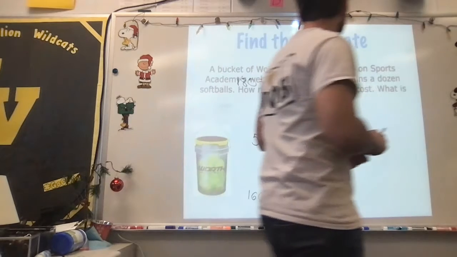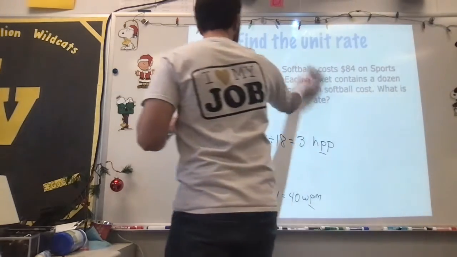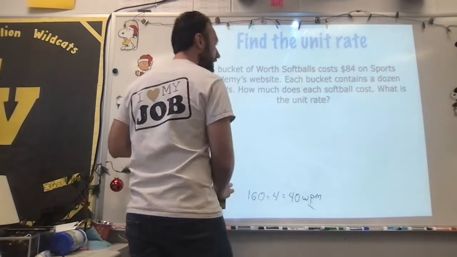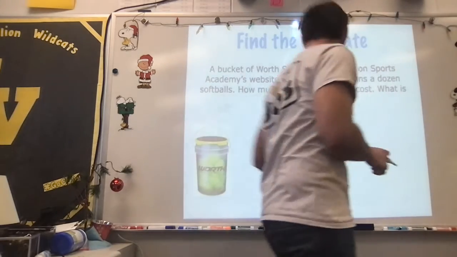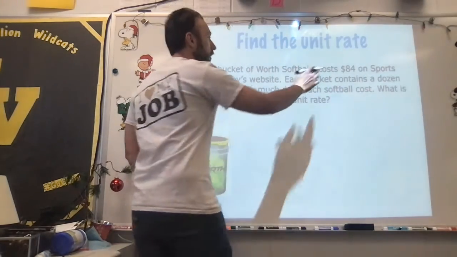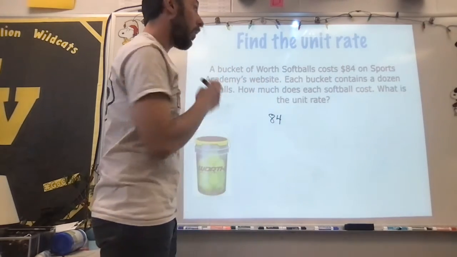So now this says a bucket of Worth softballs costs $84 on the Sports Academy website. Each bucket contains a dozen softballs. How much does each softball cost? What is the unit rate? For this, we will take the total price, which is 84, and divide it by the quantity.